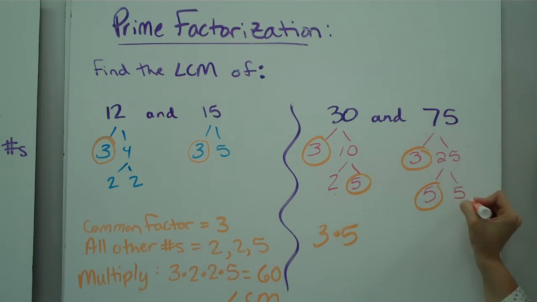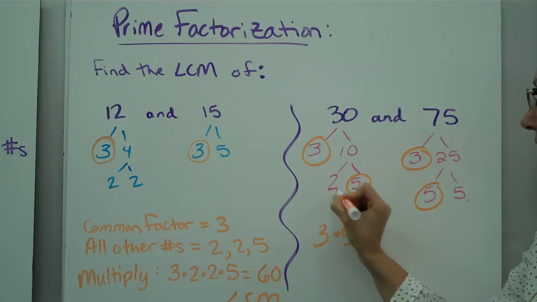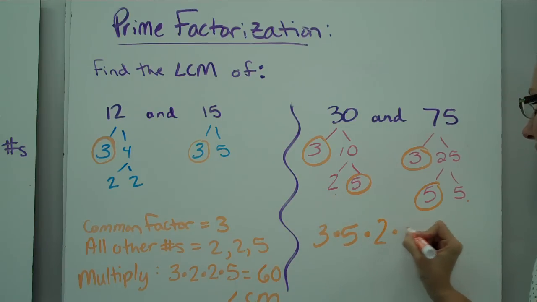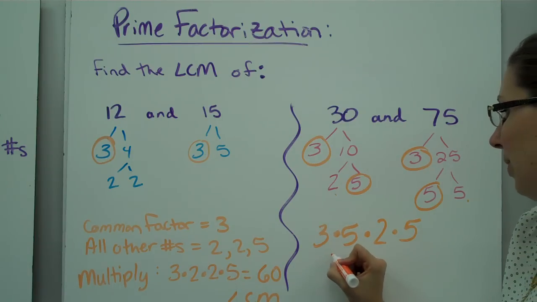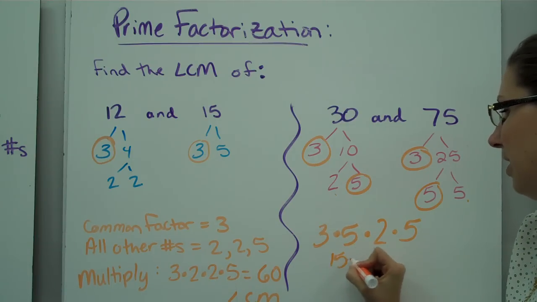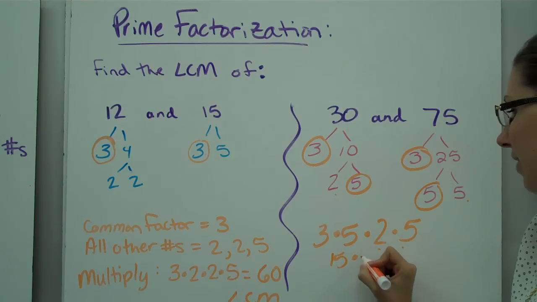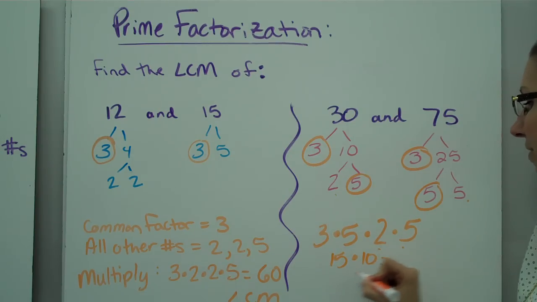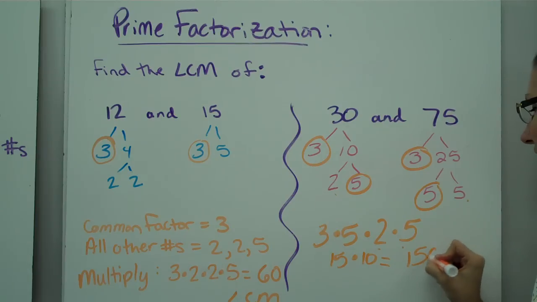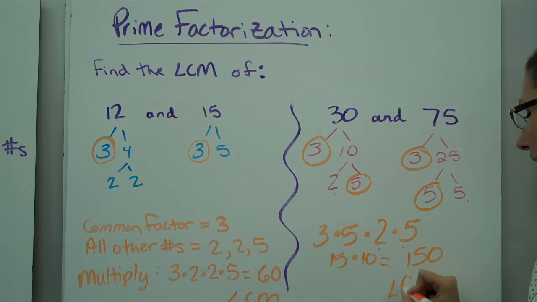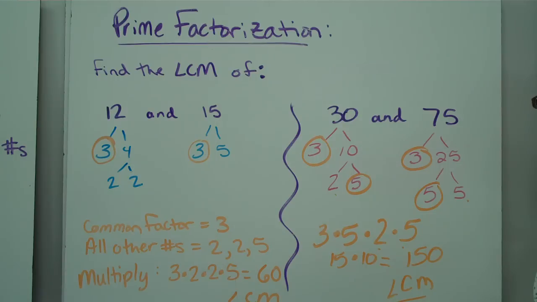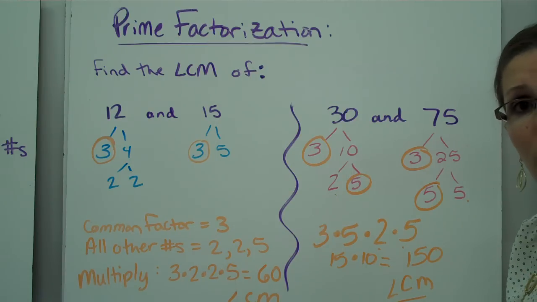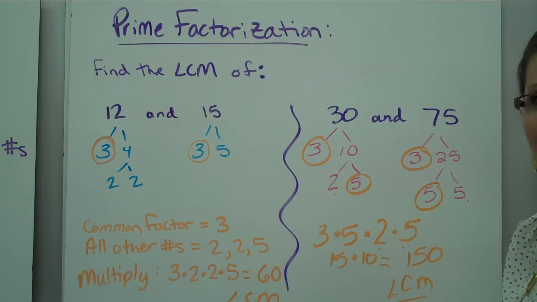Then I'm going to bring down my remaining numbers here that are not circled, and I'm going to multiply all of that together. 3 times 5 is 15. 2 times 5 is 10. 15 times 10 is 150. That is my LCM of 30 and 75. 150 is the first multiple that these two numbers have in common.